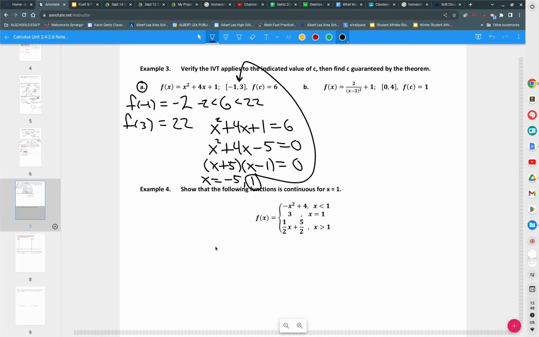Everybody see that? Okay, so take out your worksheet, your homework stuff. If you look at this intermediate value theorem piece right here, I asked you to do problems A, B, C, D, right?